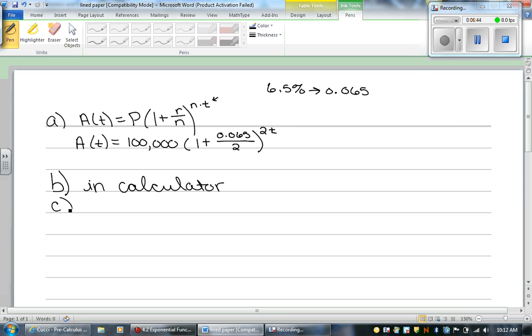So C is just evaluating. So if I want it at t equals 0, 4, 8, and 10, we're simply evaluating into the function we created. So we're going to find A of 0 just by plugging 0 in for t.